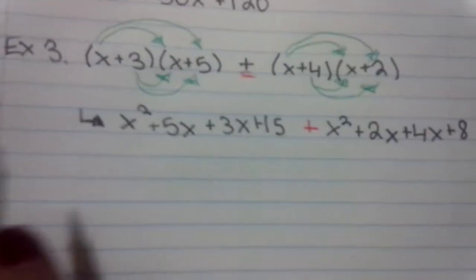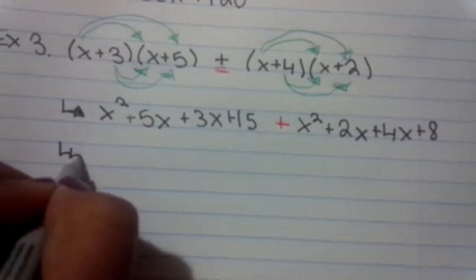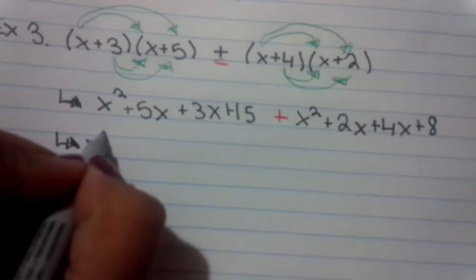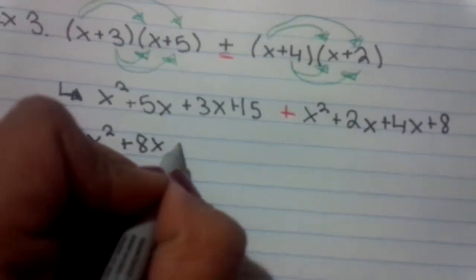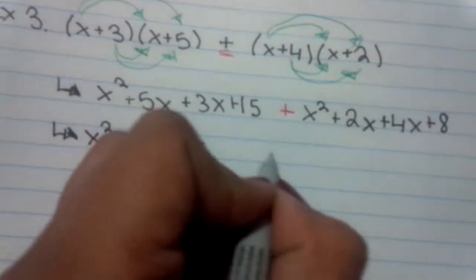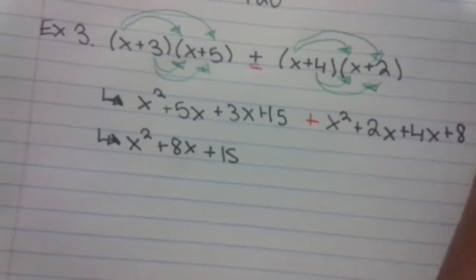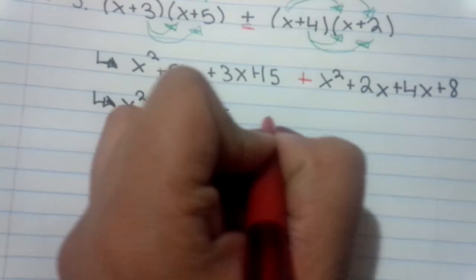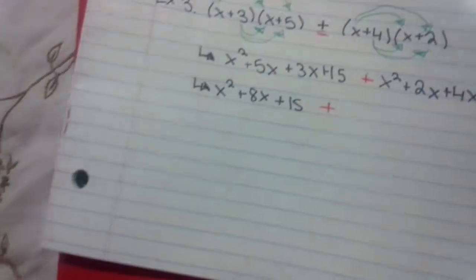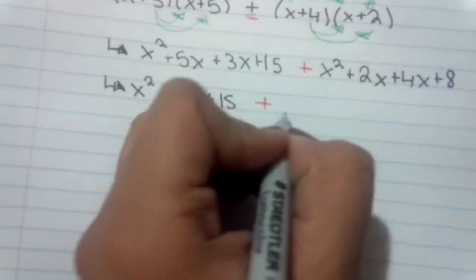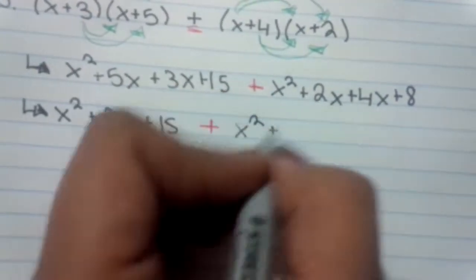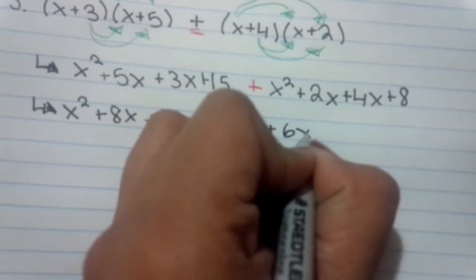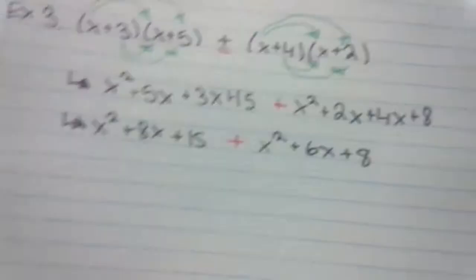And now we have to add like terms like last time. So x squared plus 8x plus 15. And then remember, I'm going to put that again in red. And x squared plus 2 plus 4 is 6, so 6x plus 8.